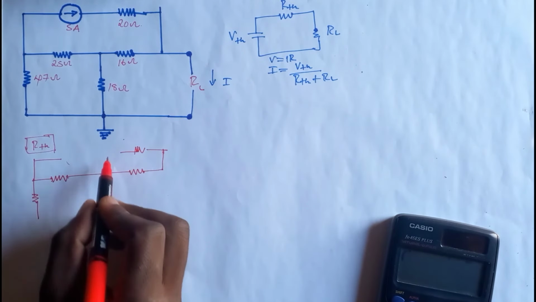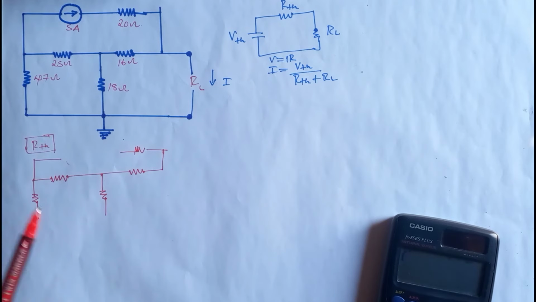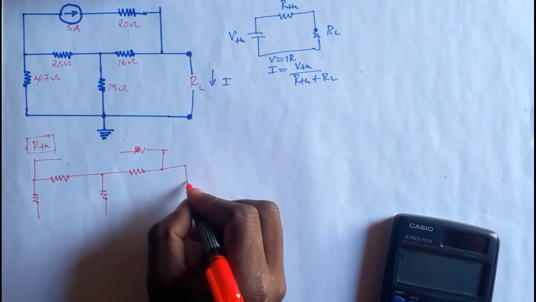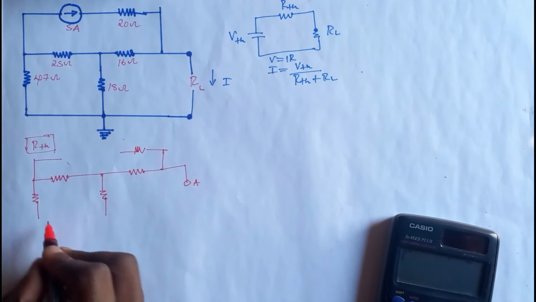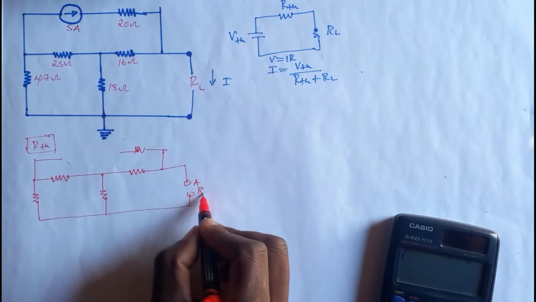We should have a 5 amp current source here, but we have an open circuit. We remove our load resistor, so we just have the terminals. I'm going to call this terminal A, and this terminal B.